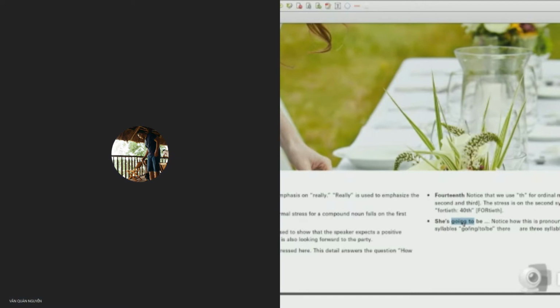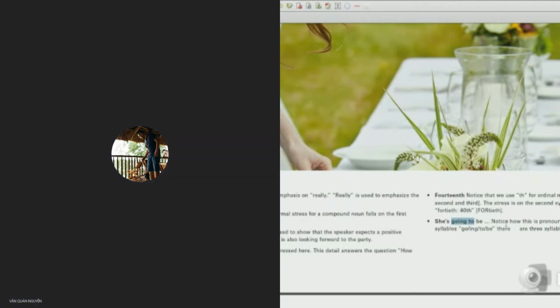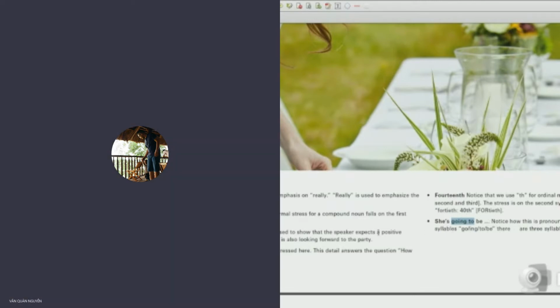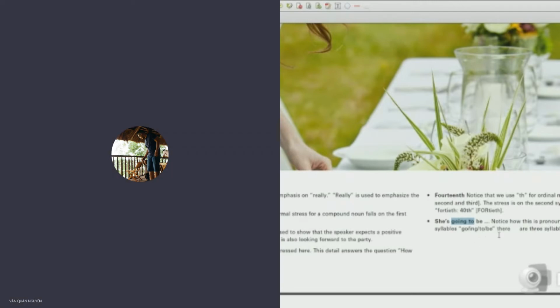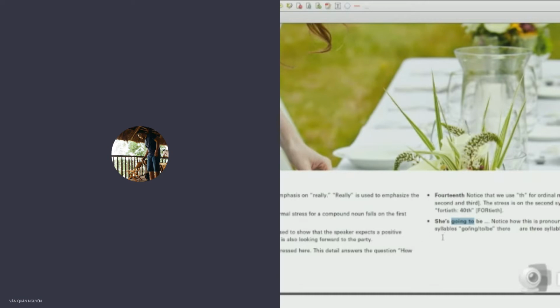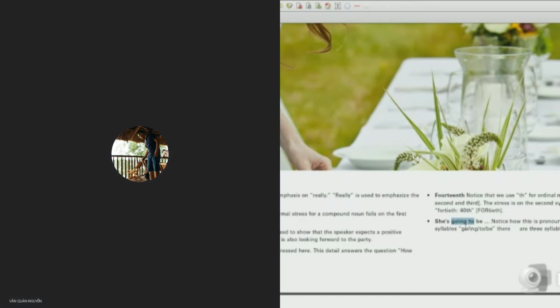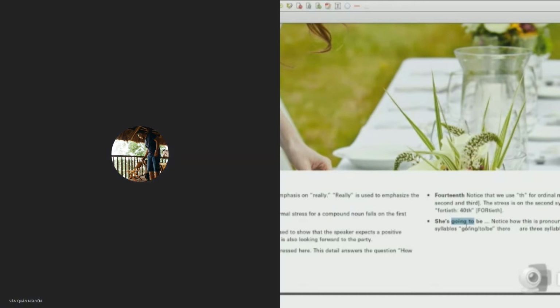Going to means gonna. Instead of saying "going to be," which has four syllables, you only use three syllables: gonna be. Okay. Any questions about the language notes?